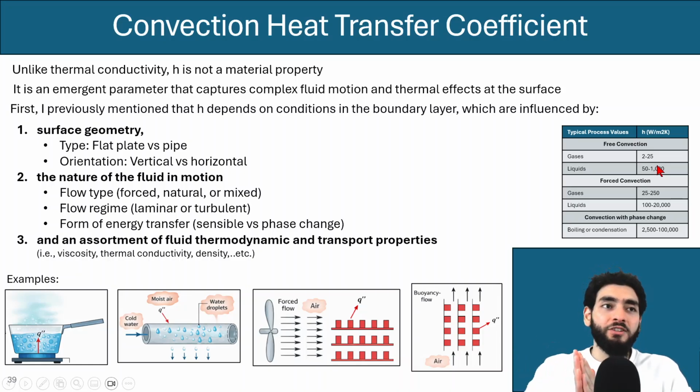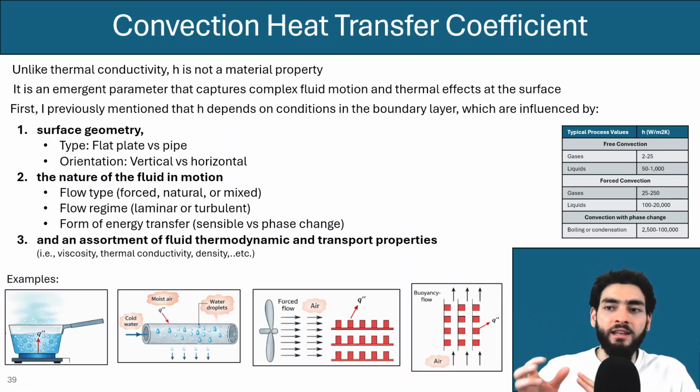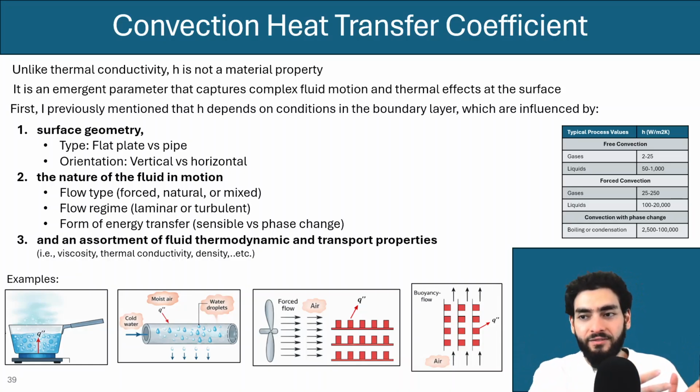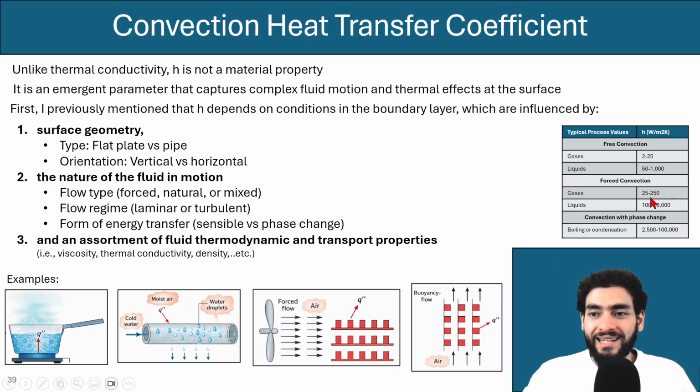But once you start using things like a fan to force air, or if you have liquid and you're using pumps, now you're entering the territory of forced convection. And you could see how significantly that impacts the heat transfer convection coefficient. For gases, we're talking about maybe from 25 to 250 watts per meter squared per Kelvin. And for liquids, maybe from 100 to 20,000 watts per meter squared per Kelvin.